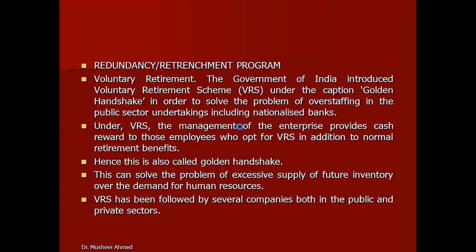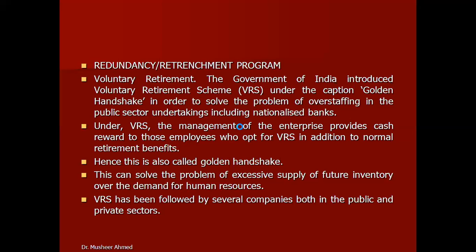The management was providing cash rewards to the employees who were opting for VRS, along with the retirement benefits. That you will be getting all the retirement benefits, but along with that you will also be getting cash benefits, right? Many of the employees who were interested in taking VRS went for this scheme of golden handshake, right?